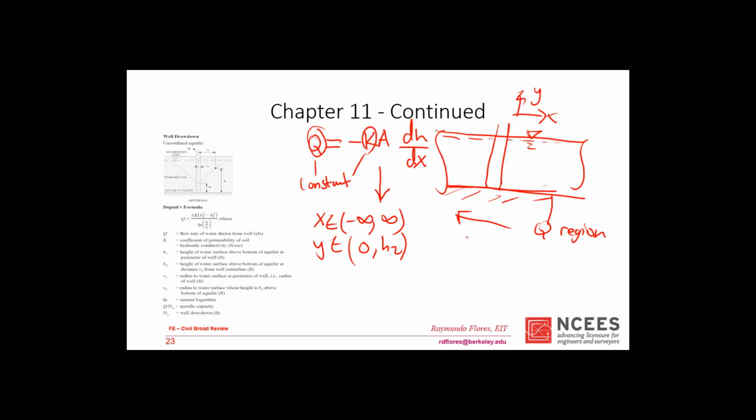You have to look at it from this point of view. If you look at the plan view, you've got this pipe, and the flow is going this way. So it's not fair to say that our Q region is simply this. The Q region is the volume of a cylinder with an inside and outside diameter.